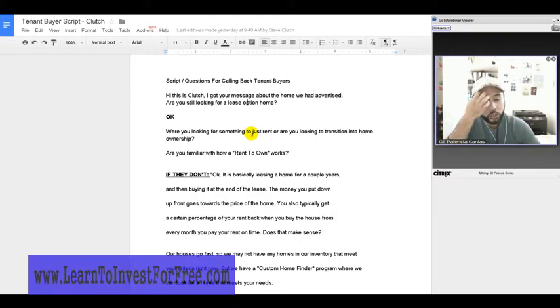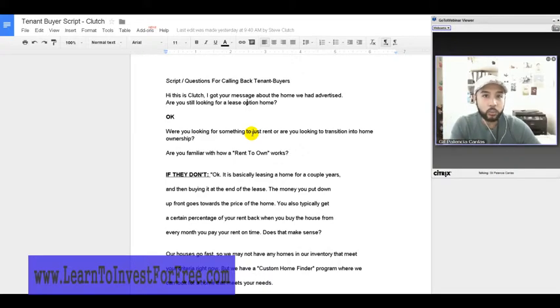I will focus on using the word home because that tends to connect better with somebody that is transitioning into home ownership. A tenant buyer or a lead that keeps using rental, chances are they're just looking for a rental property and it's not a good fit for a rent-to-own home program or lease purchase program, and that's okay.